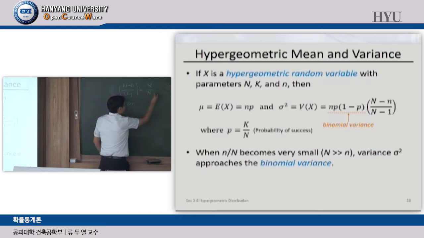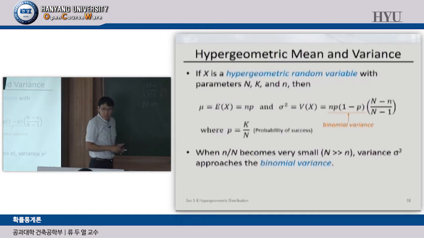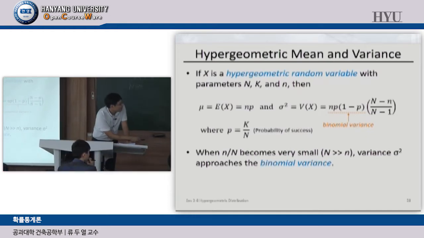So this can be eliminated, so this is equal to 1. Okay? So when large N is much larger than small n, the variance for the hypergeometric distribution is identical to that of binomial variance.